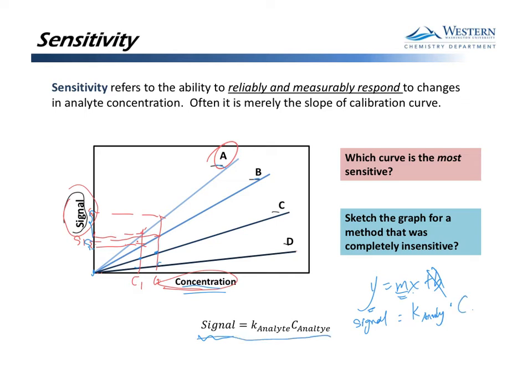So if you know the slope, I can give you any concentration and then you can get the signal, or I can give you any value of signal to get the unknown concentration. This is the mathematical relationship between them.